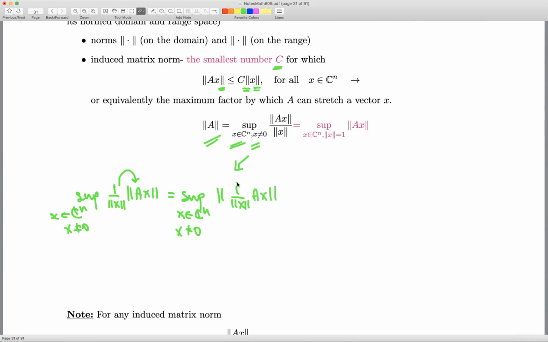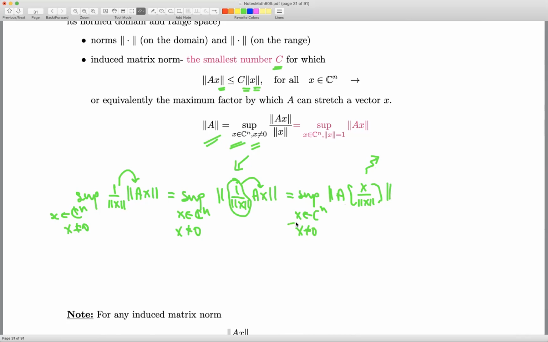So now this is a number. This number can go between the matrix and the vector. So this is the sup over x in Cn, x different from 0, of the norm of A applied to the vector x over the norm of x. And we discussed before that for x over the norm of x, the norm of this vector is 1.